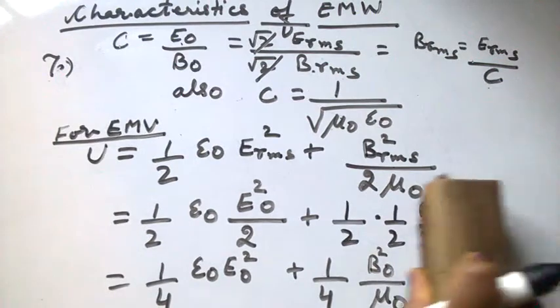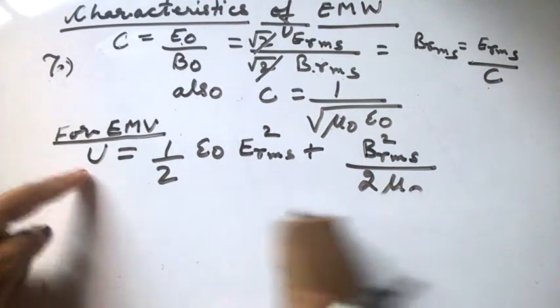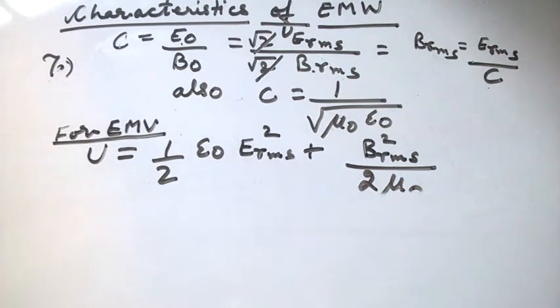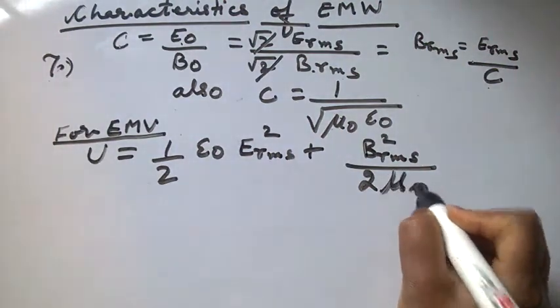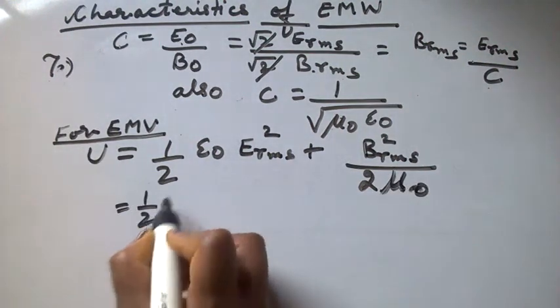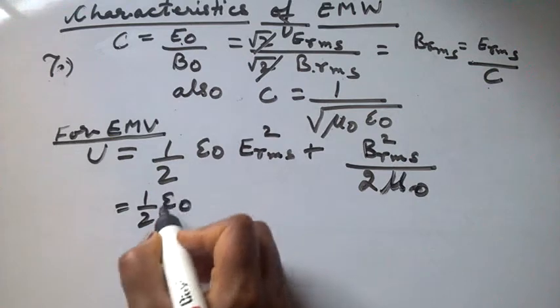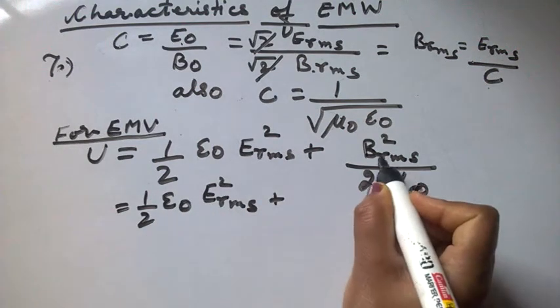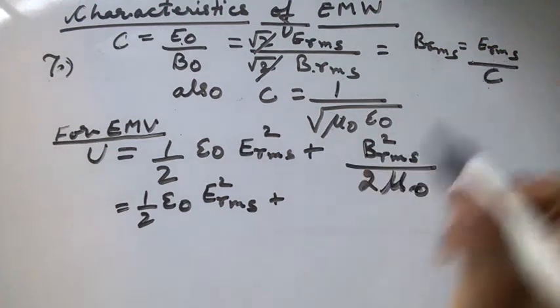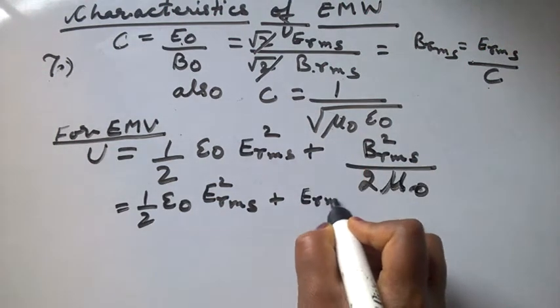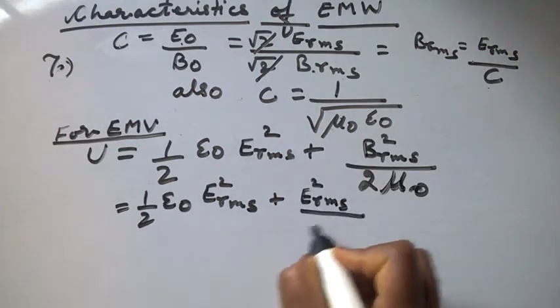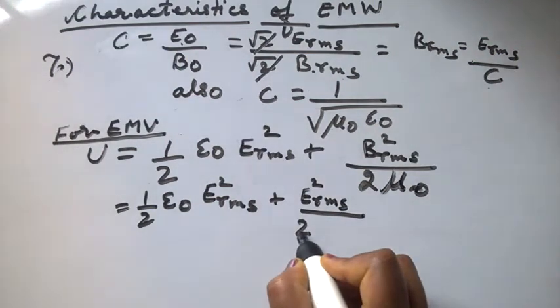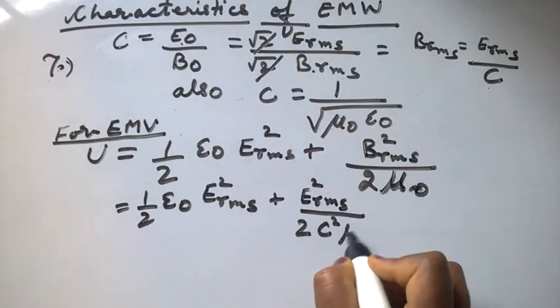Therefore, to get the final value of the average energy density of an electromagnetic wave, we can write half of epsilon naught ERMS square plus BRMS square, which is equal to ERMS square by C square into 2 mu naught.